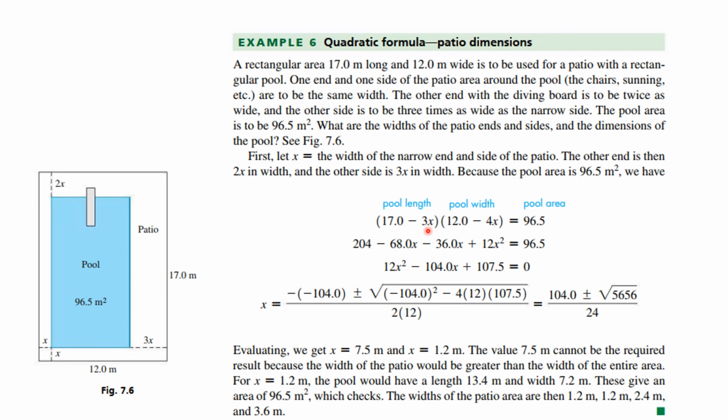So you see the length of the pool, which is 17 minus 3x, times the pool width, which is going to be 12, the total width, minus 4x, is equal to 96.5. You can multiply this out and simplify, put it in the right form. You have 12x squared minus 104x plus 107.5. So A is 12, B is minus 104, and C is 107.5.